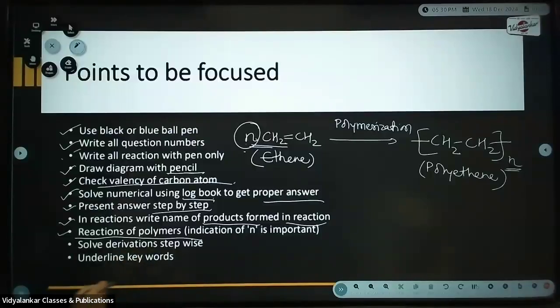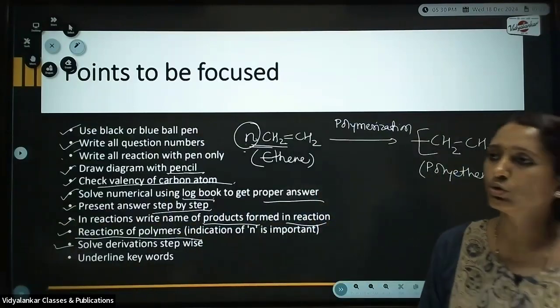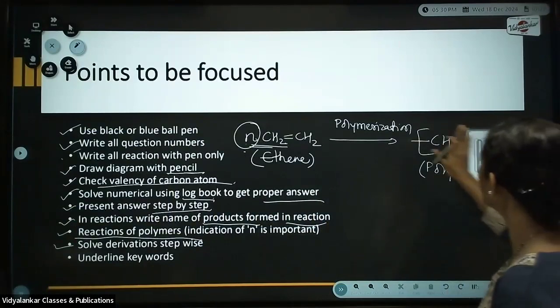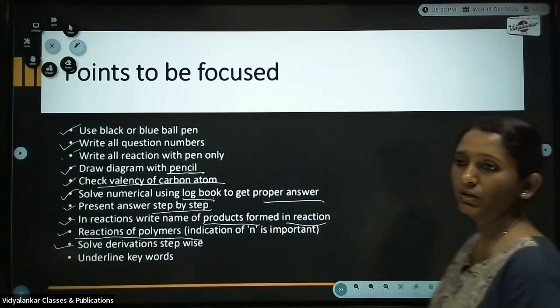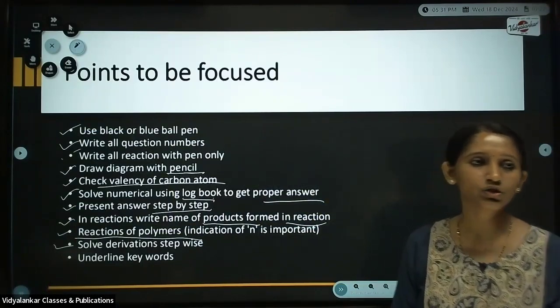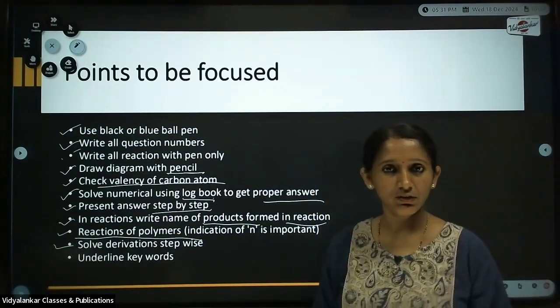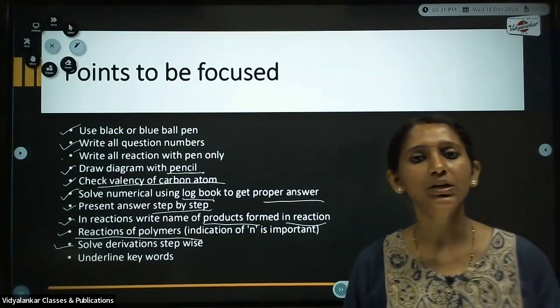Fine. Next is about the derivations. Almost 17 to 18 derivations are there throughout the syllabus from physical chemistry. So the chapters are what? Solid state, solutions, ionic equilibria, chemical thermodynamics, and chemical kinetics.